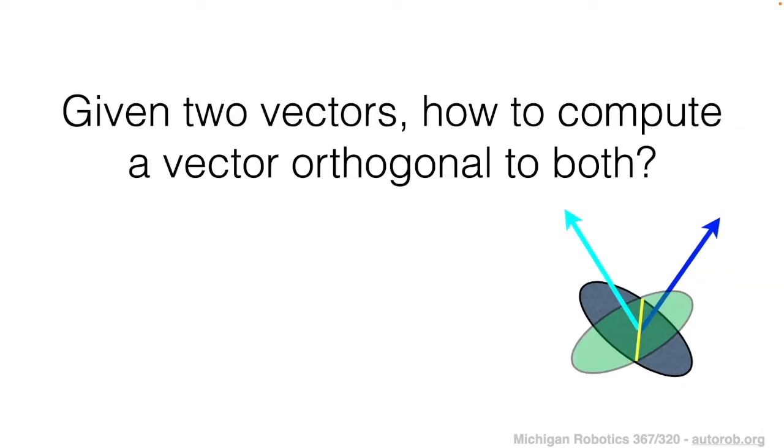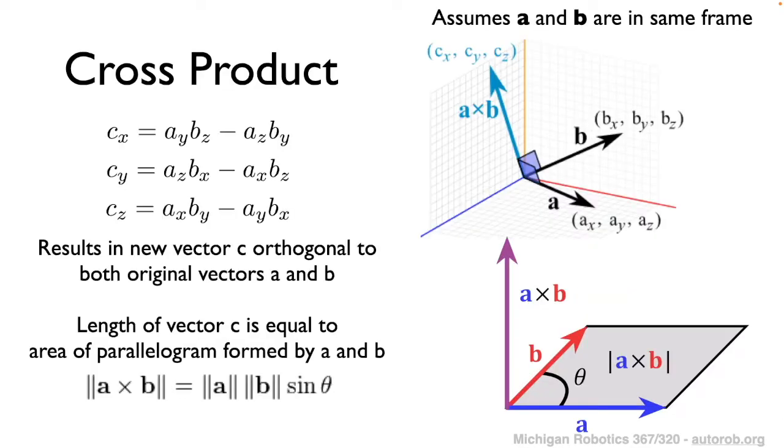Okay. So one question that can often come up when you're working with vectors and some of the computation involving coordinate spaces, which we'll be looking at, is you'll have 2 vectors, and you'll want to be able to calculate a new vector that's orthogonal to both of the existing vectors that you have been given. This is where cross product comes in. Cross product does exactly that calculation.